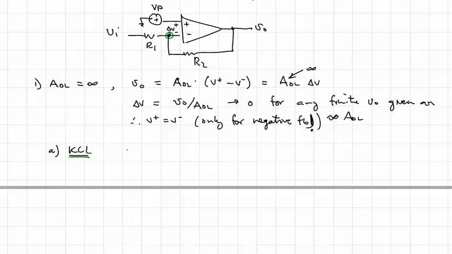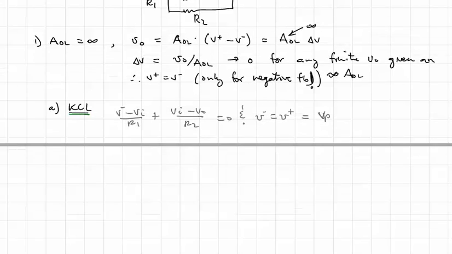So we'll do currents leaving. We'll say V minus VI over R1 plus VI minus VO over R2 is equal to 0. We'll say that V minus is equal to V plus because of the negative feedback and the infinite open loop gain, and that is going to be equal to VP, whatever this voltage source is.